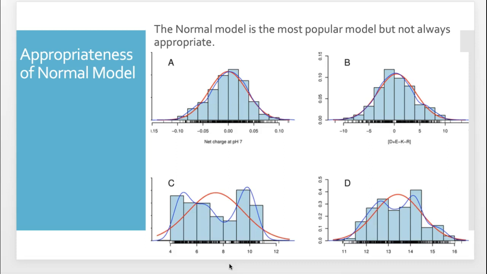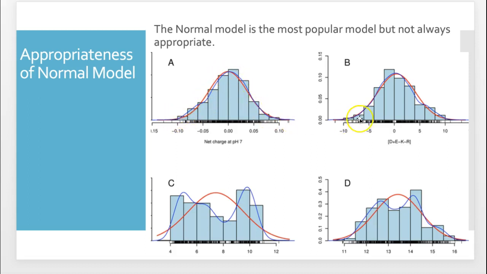We can also use the empirical rule, 68, 95, 99% for data. And now we're taking it a step further. If this appears to be unimodal and symmetric, we can model this phenomenon using a normal curve.